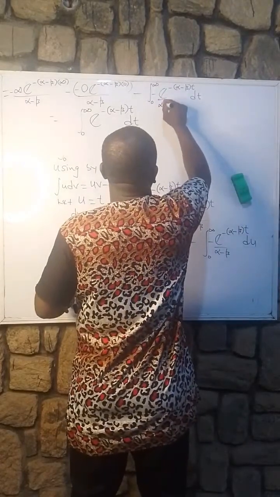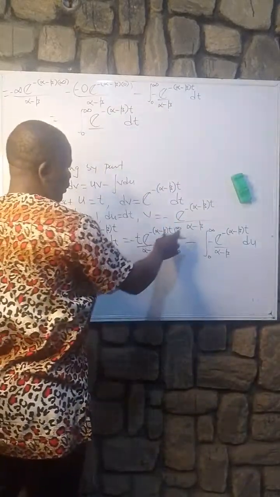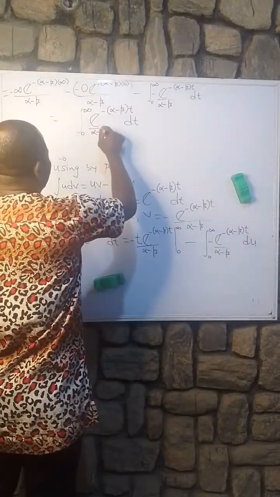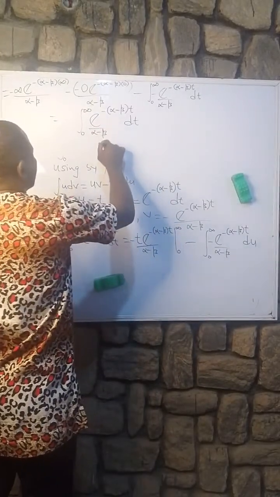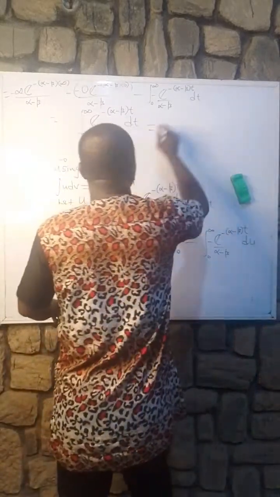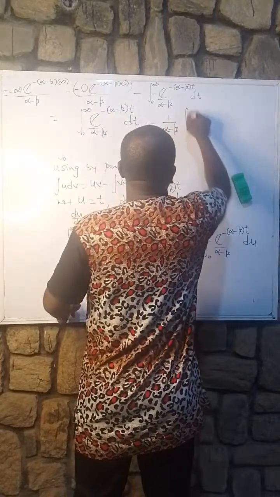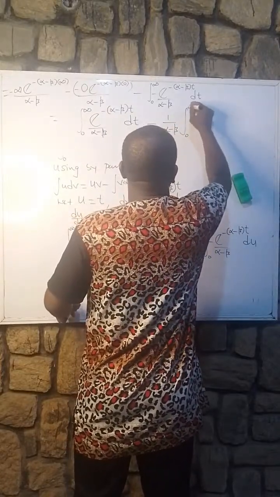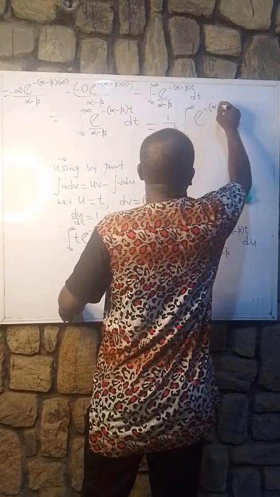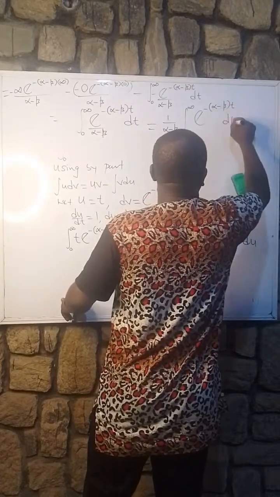That is mathematics for you. So all over alpha minus beta. This is common, so we factor it out: 1 all over alpha minus beta is common. Integral 0 to infinity, then exponential minus open bracket alpha minus beta t dt.